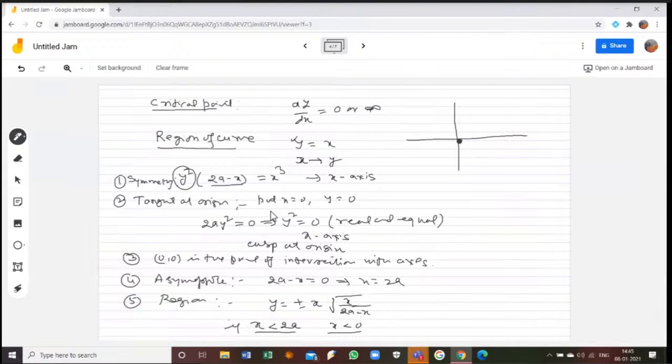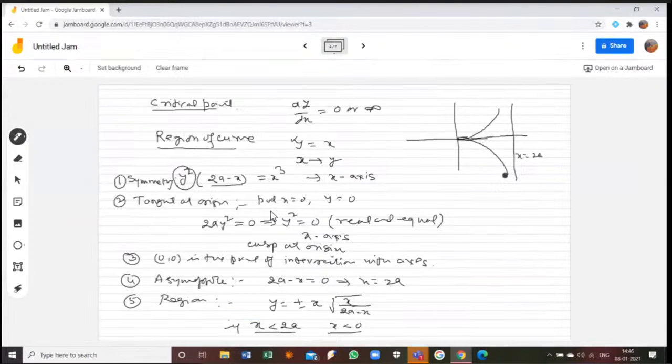The curve passes through the origin. There is a symmetry about the x-axis. Since the x-axis is the tangent, the curve will originate here touching this x-axis, and it will go. And since it is symmetrical about the x-axis, a similar curve will be there below. Now, where will it go? For that we have found there is an asymptote, x equal to 2a.